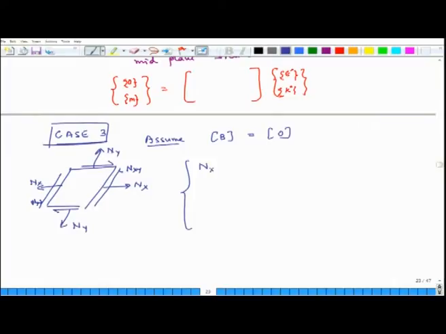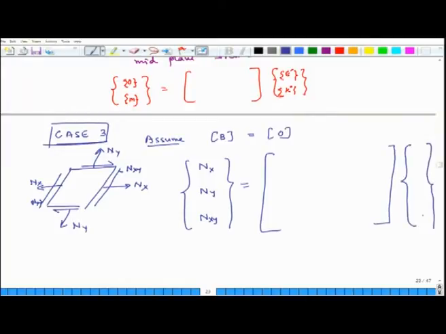So, the equation will be Nx, Ny, Nxy equals A11, A12, A16, A12, A22, A26, A16, A26 and A66, multiplying epsilon x naught, epsilon y naught, gamma xy naught.